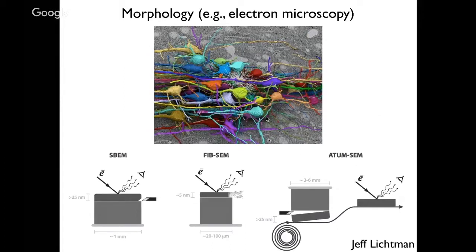You see a little bit of extra electron density for certain molecular complexes, like the postsynaptic density that tells you something about synapses, or synaptic vesicles in some cases. But mostly you're looking at the cell membrane, and that's about it. Or at least the membranes of the cell and some organelles.